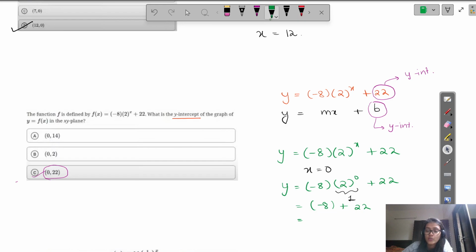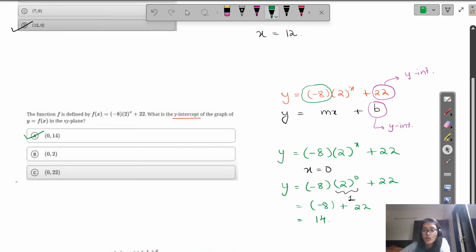It is going to be 14. That means your y-intercept is going to be 0, 14, and not 0, 22. So in the case of exponential functions, you can simply add the coefficient and the constant term, because this term will always become 1 when you put x is equal to 0.